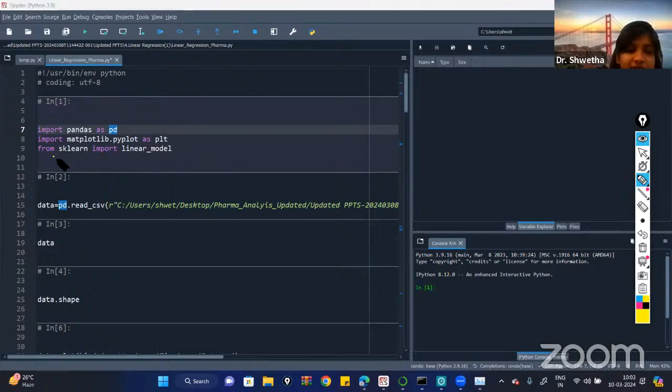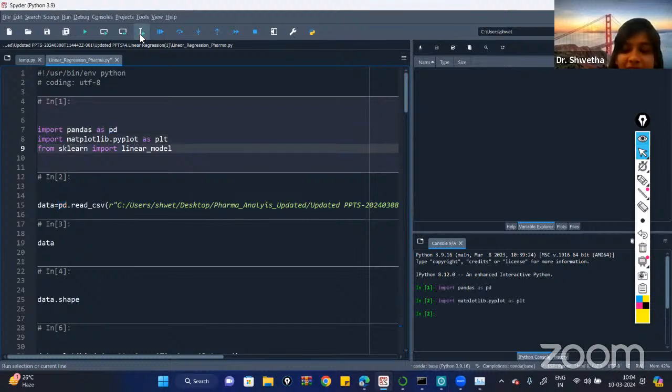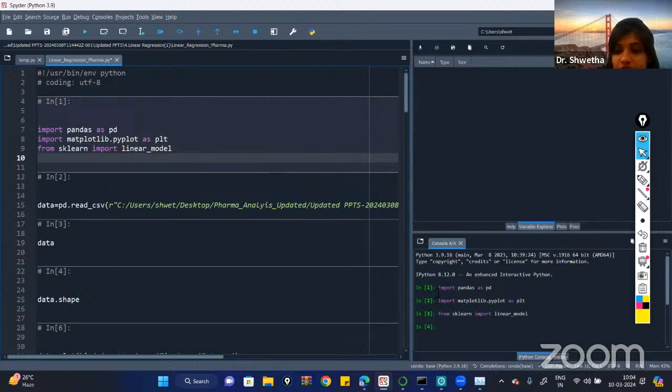So we just leave some space so that we can add some libraries later. Whatever you feel is required, first we try to import those libraries. So we are importing pandas, matplotlib, and sklearn. These three libraries are imported into the session.